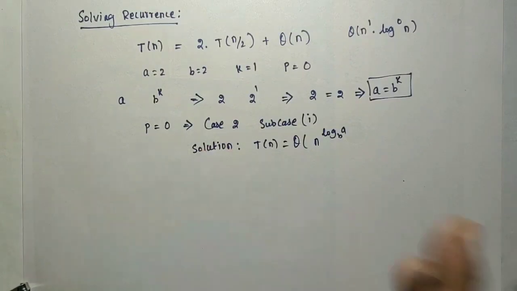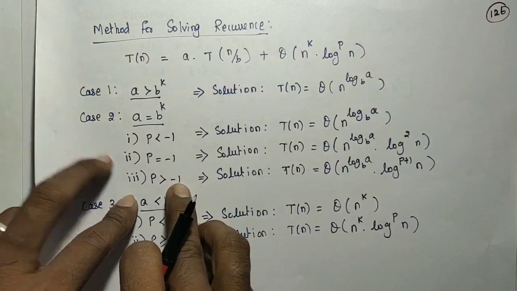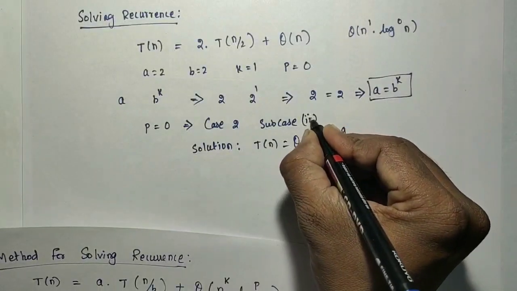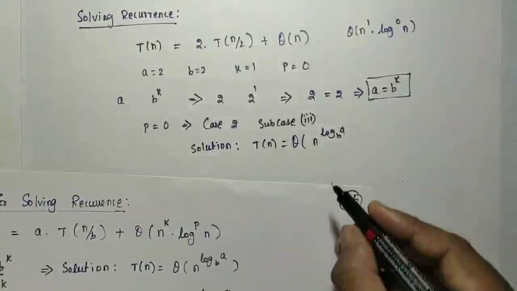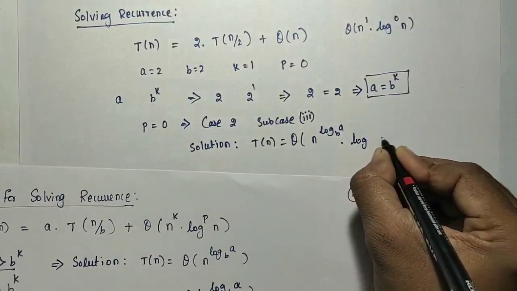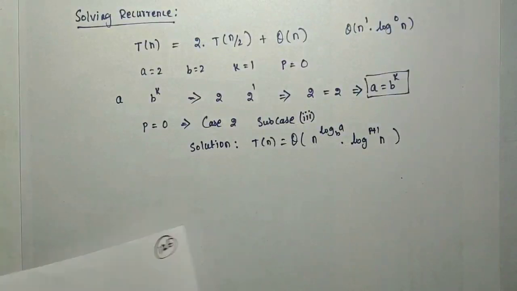Here the p equal to 0. P equal to 0 means it is greater than minus 1. So it means subcase 3. That corresponding solution is theta of n power log a base b into log n power p plus 1. So that is the solution.